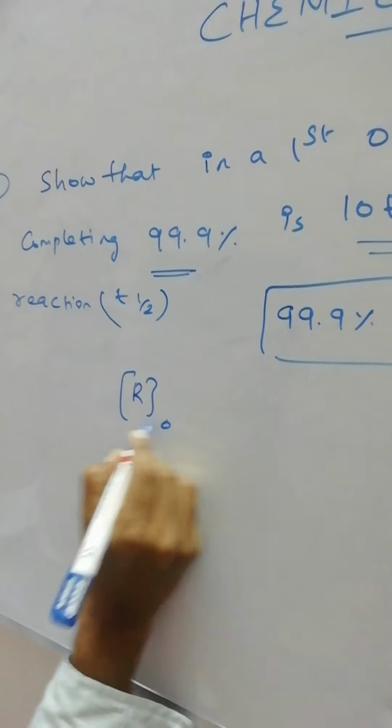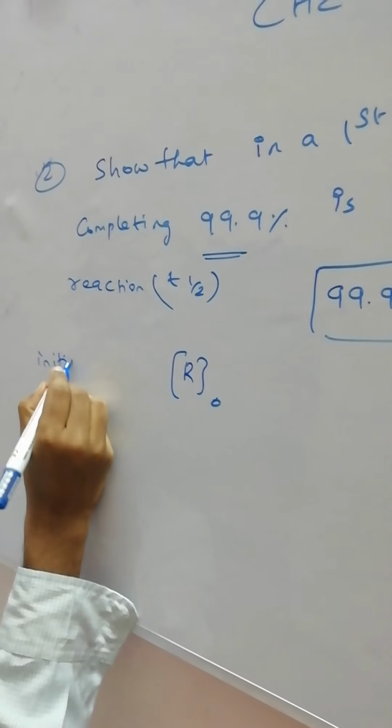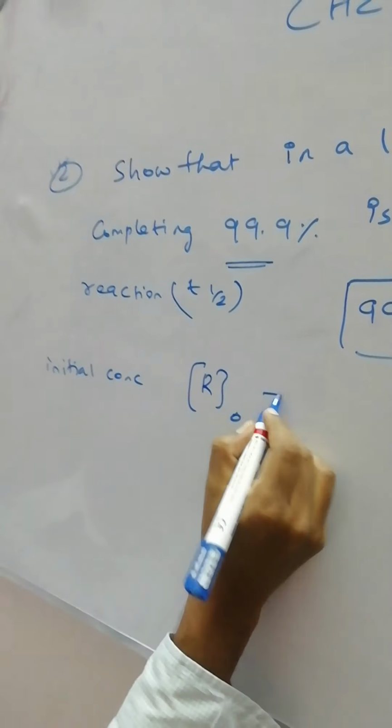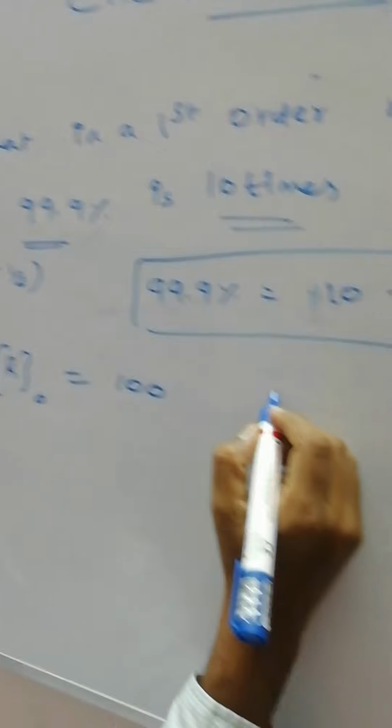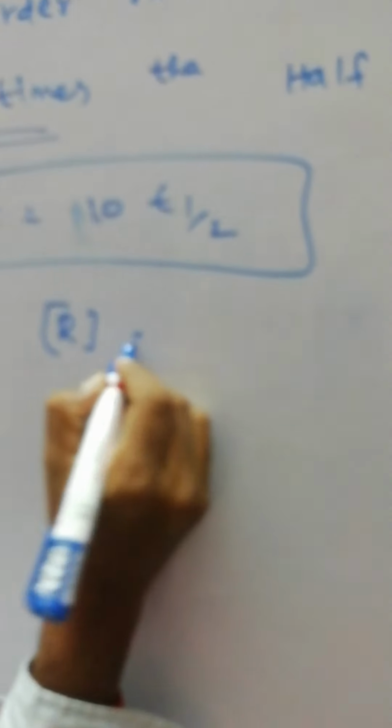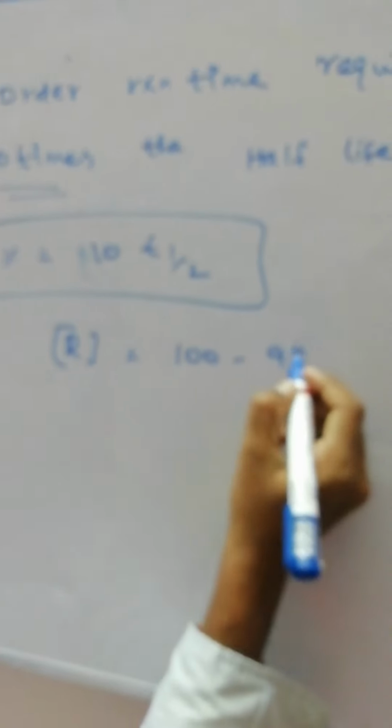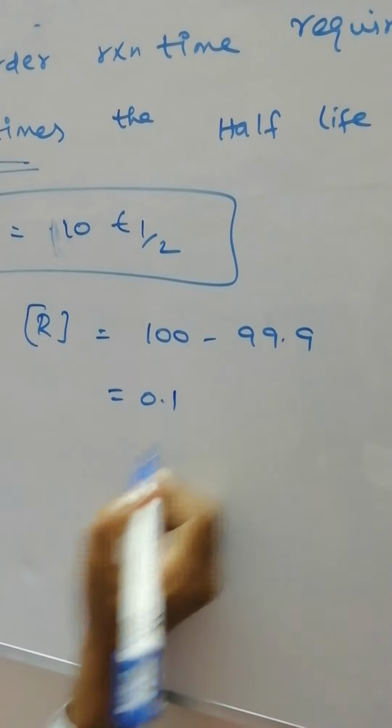R0 is the initial concentration. R0 is equal to 100. R is equal to 100 minus 99.9, which is equal to 0.1.